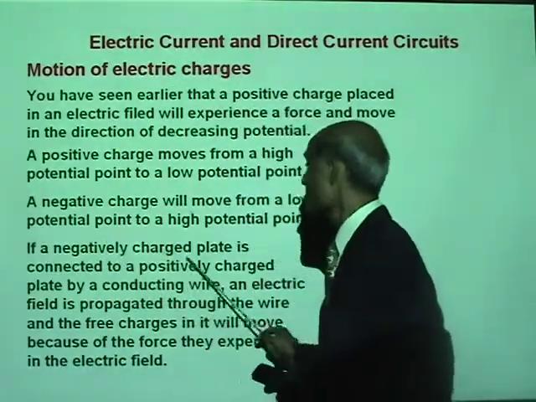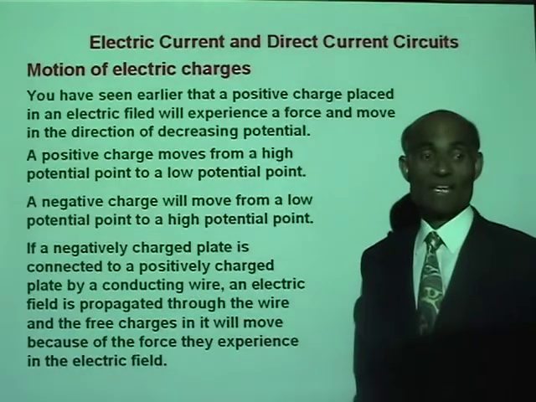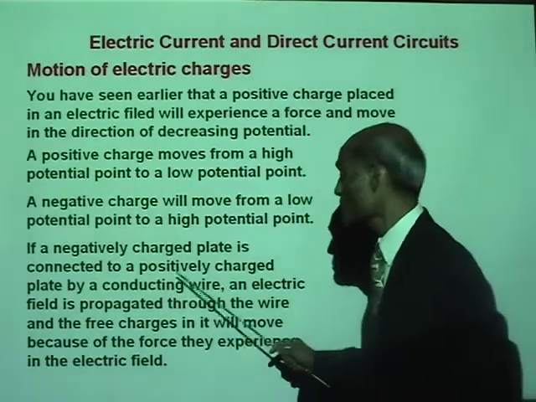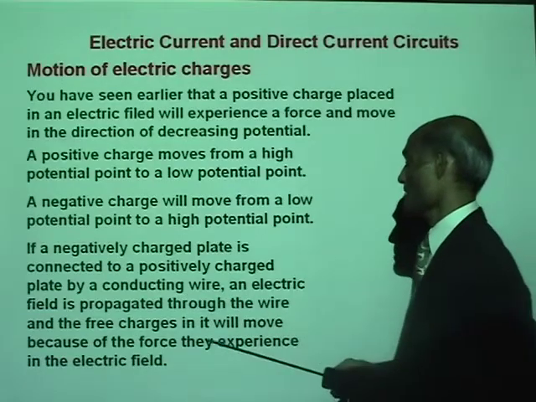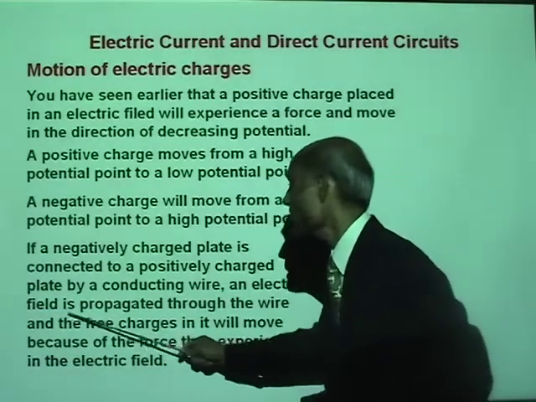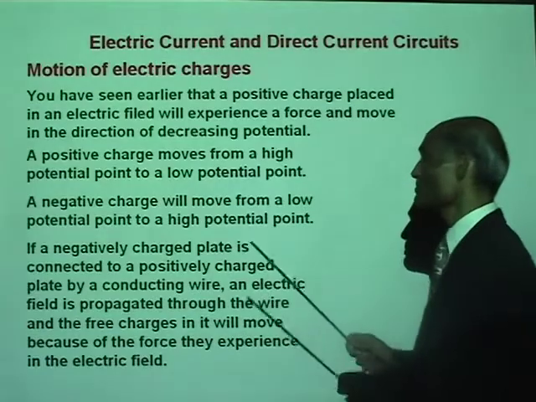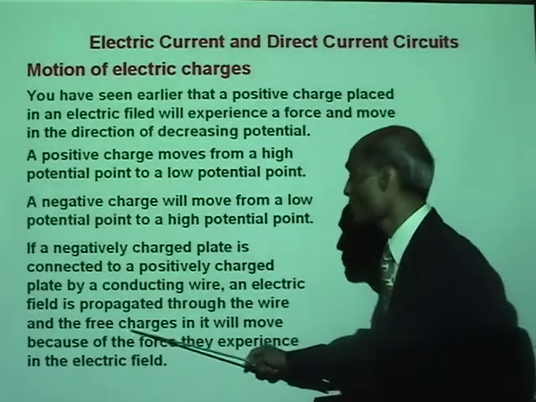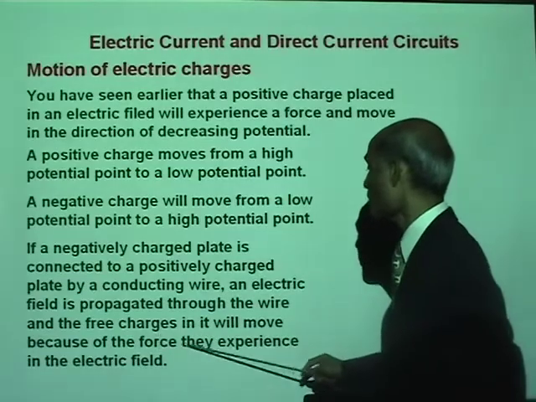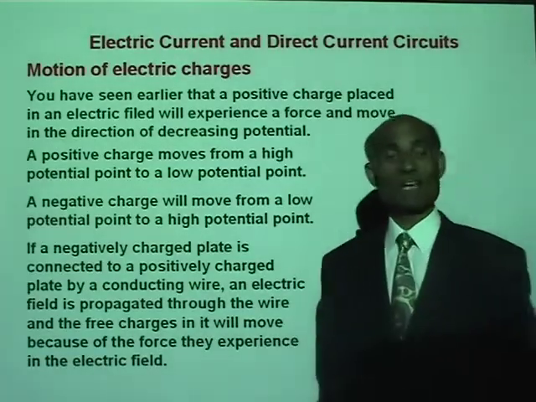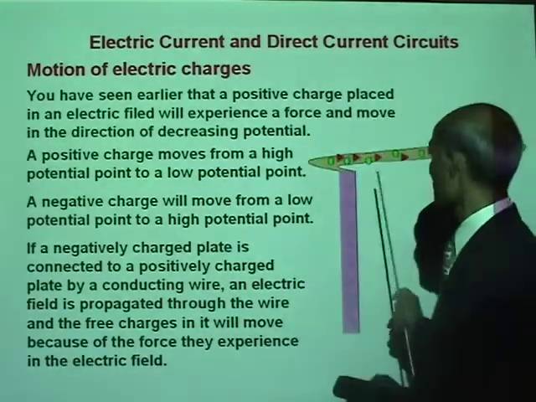If a negatively charged plate is connected to a positively charged plate by a conducting wire, an electric field is propagated through the wire, and the free charges in it will move because of the force they experience in the electric field. Now let's look at this diagram.